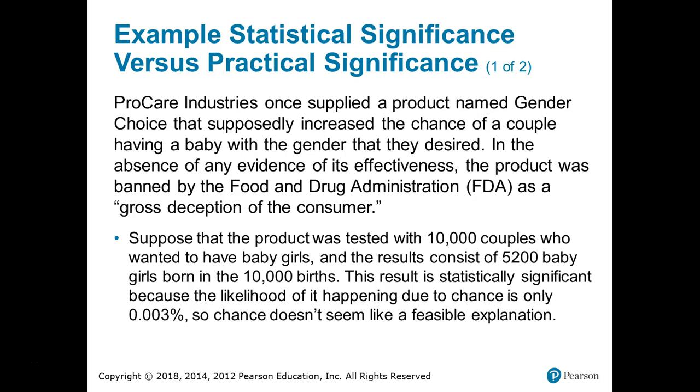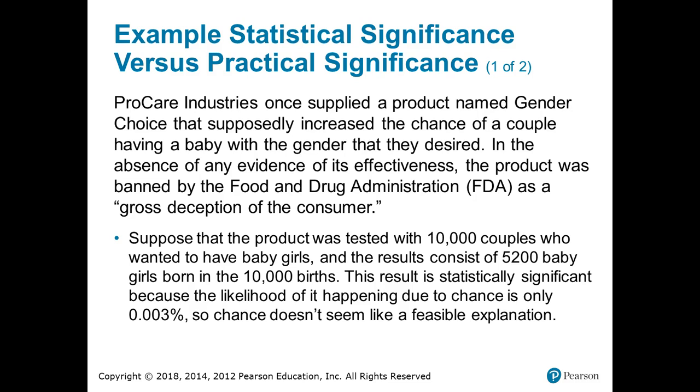So ProCare Industries once created a product that would apparently increase your chances of having a baby with the gender that they desired. So suppose that the product was tested with 10,000 couples who wanted to have baby girls, and the result was 5,200 baby girls born out of that 10,000.